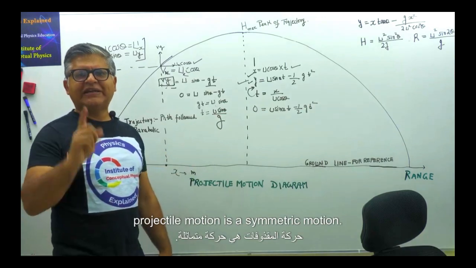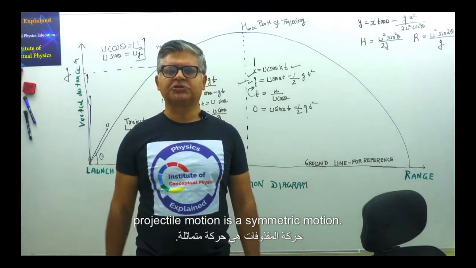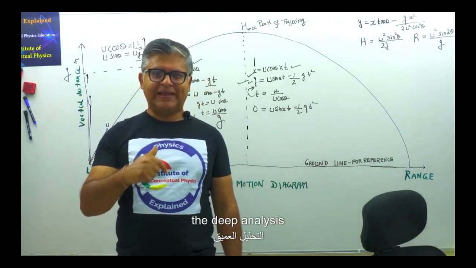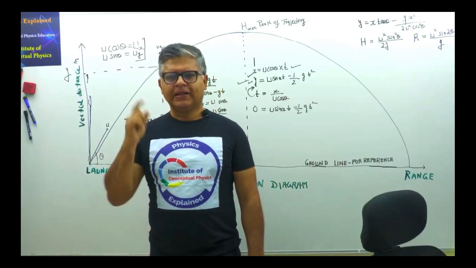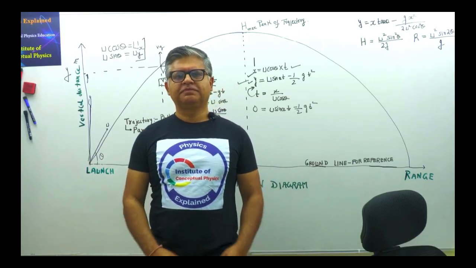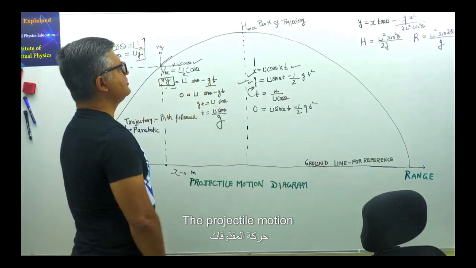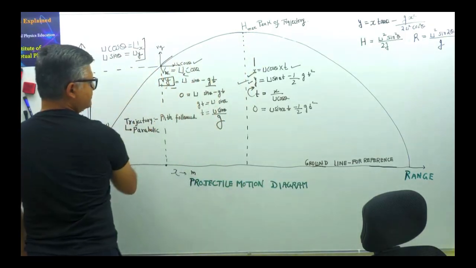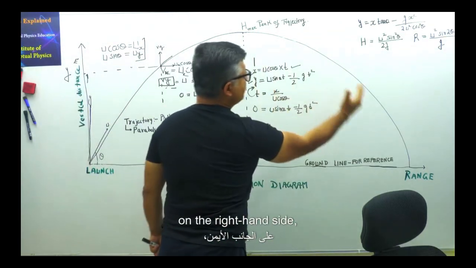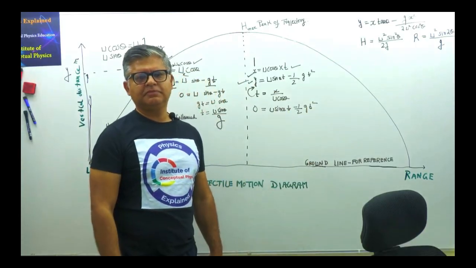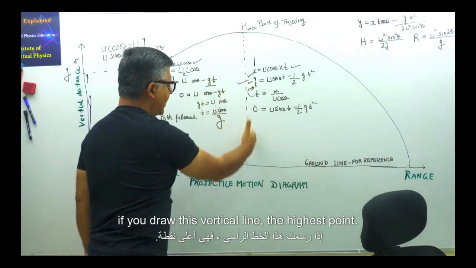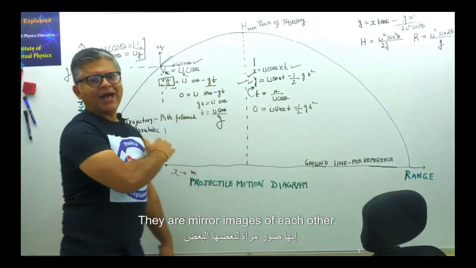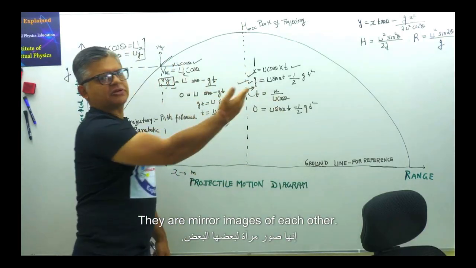Remember, projectile motion is a symmetric motion. Now the deep analysis of the motion is commencing. Listen very carefully now. The projectile motion on the left hand side and on the right hand side, if you draw this vertical line at the highest point, they are mirror images of each other.